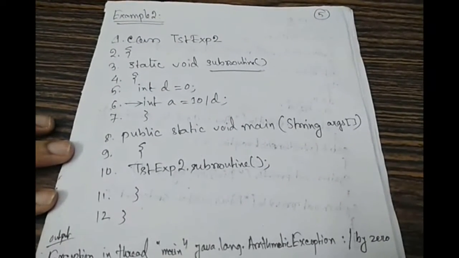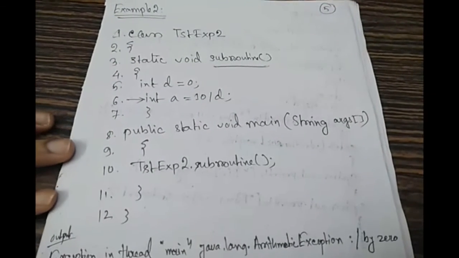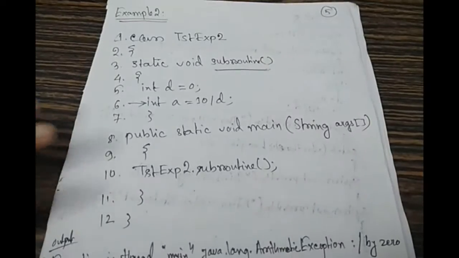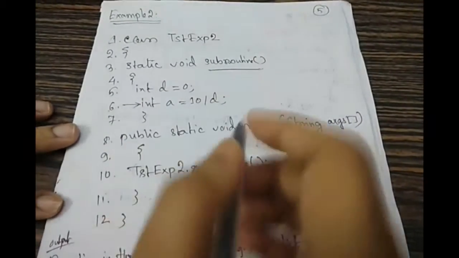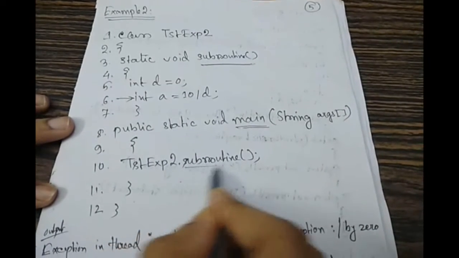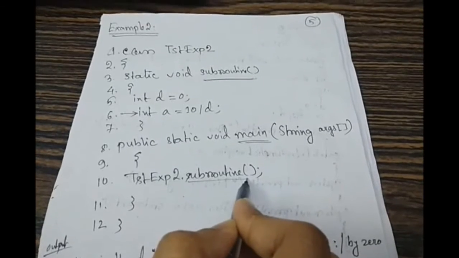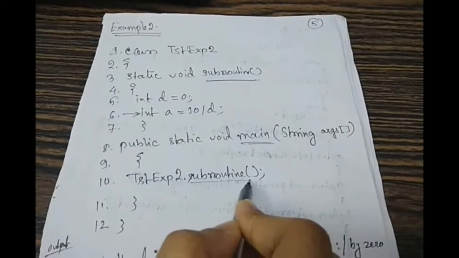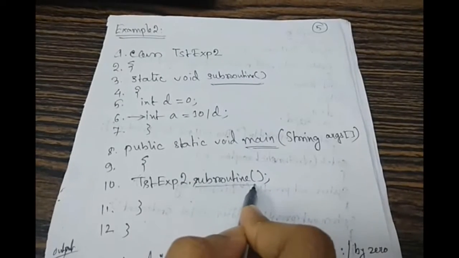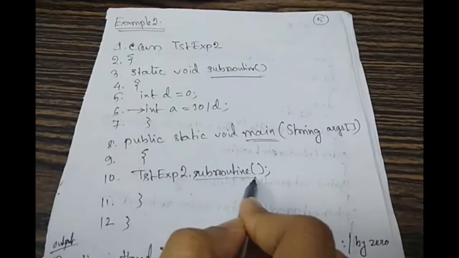So this statement will cause an arithmetic exception of type division by 0 error. Now in the main method we call this subroutine method, and we can find that in the output there is an exception of type arithmetic exception caused by divided by 0 error.